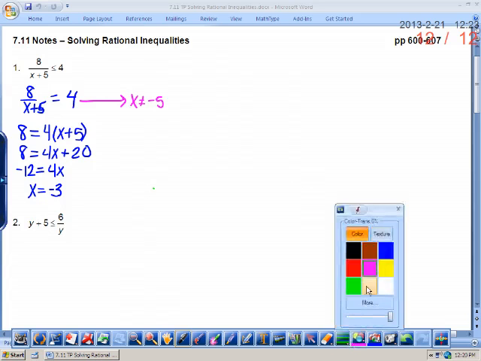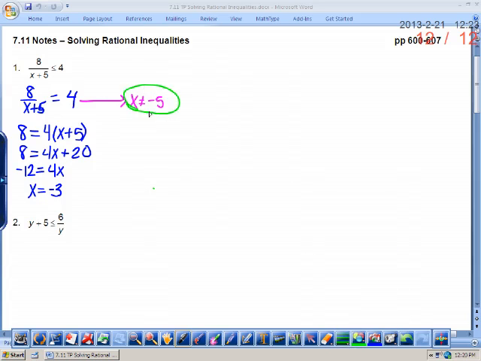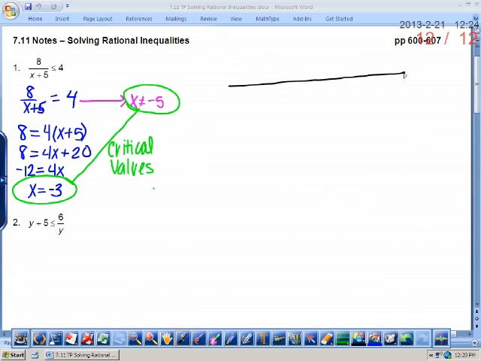So these two values, x equals negative 5 and x equals negative 3, those two values are called your critical values. And the critical values are the numbers that you are going to place on your number line. Make sure you put them in the correct order.